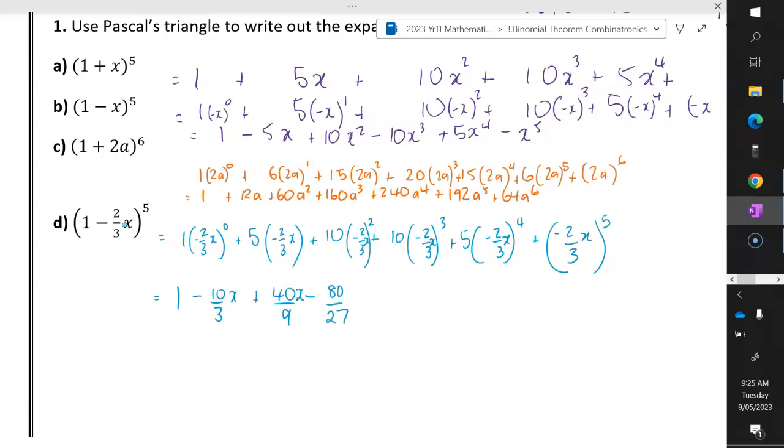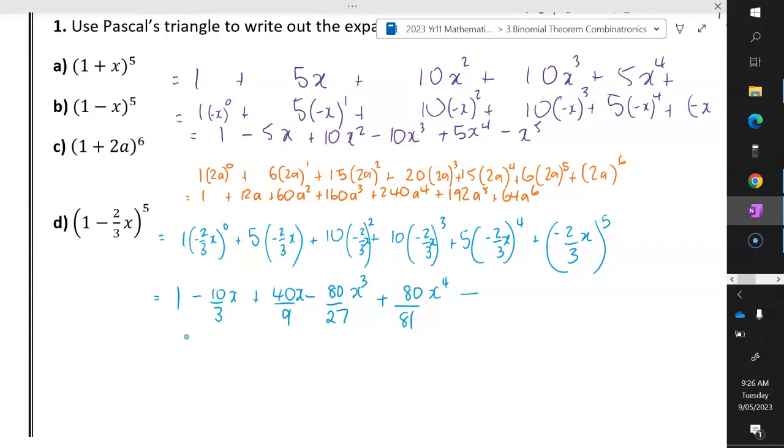That should have an x, and that should have an x cubed. Plus 2 to the 4 is 16. 16 times 5 is 80, so we're going to have an 80. We've got 3 to the power of 4 on the bottom line, which is 81. And we've got x to the power of 4, noting that that minus to the positive even power gives us another positive, and this minus here to the odd power is going to give us a negative.